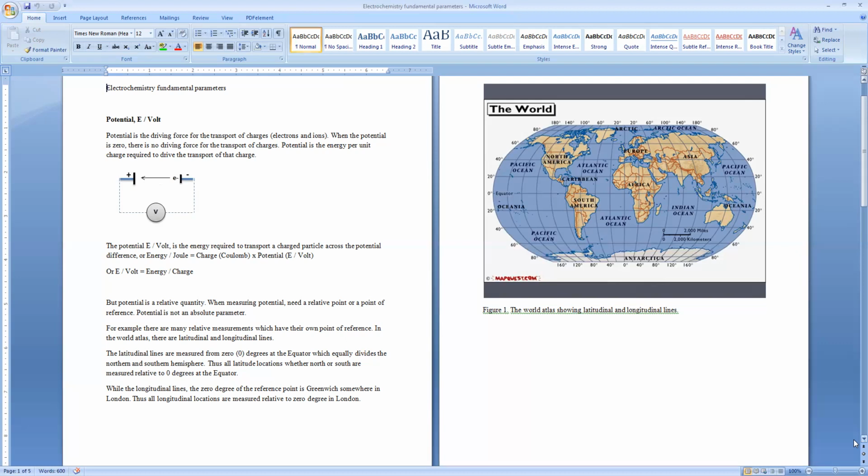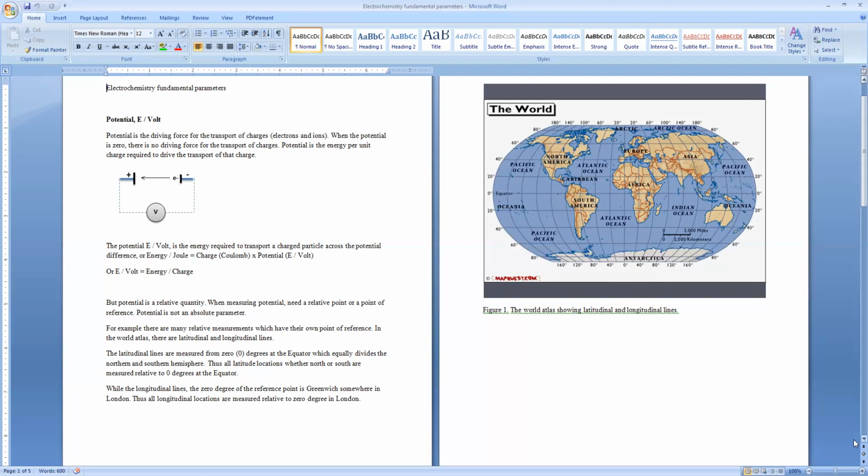That place is 0 degrees. Any location to the east of it is degrees east, and any location west of it is degrees west. So that is a relative measurement, meaning you need a reference point.